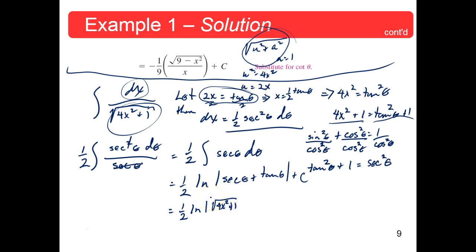Okay? Plus tangent theta, and what was it? 2x. All right. Now, if we keep x's always positive, then there's no way this could be a negative number, so I'm going to lose the absolute value sign. I'll just put parentheses in its place. Plus c.